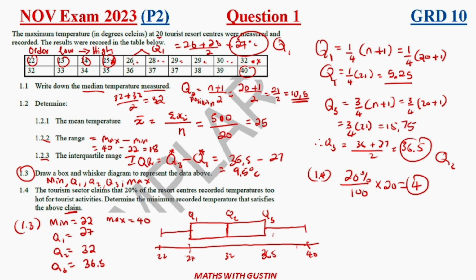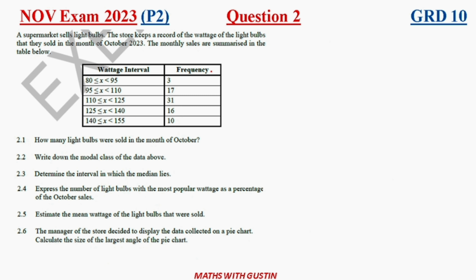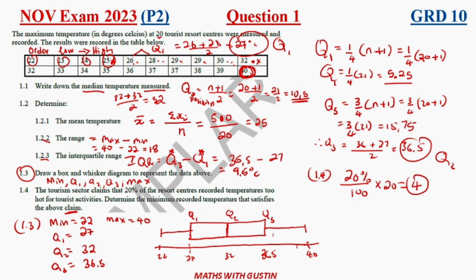But if you start counting from the maximum temperature, which is this one, remember this is the maximum temperature. So if you start counting from here, you say 1, 2, sorry guys, 2, 3, 4. This is the minimum most high temperature that was recorded. So in order for this claim to be satisfied, the minimum most temperature has to be 37 degrees.